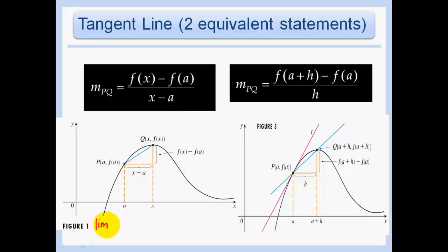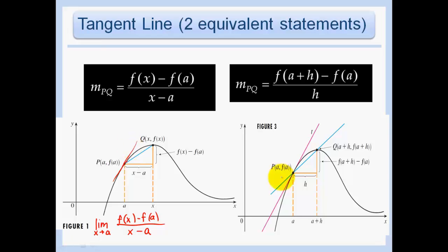That would just be the limit as our x point gets really, really close to our A point here. That's going to approximate our tangent line. So that's what we want to do.